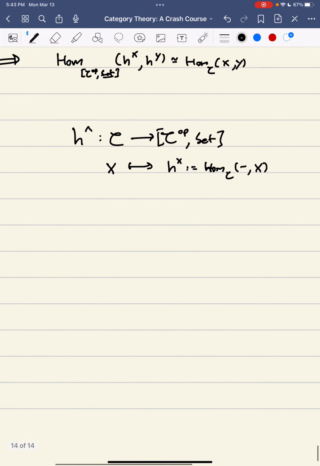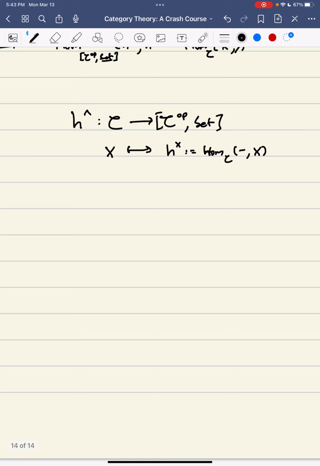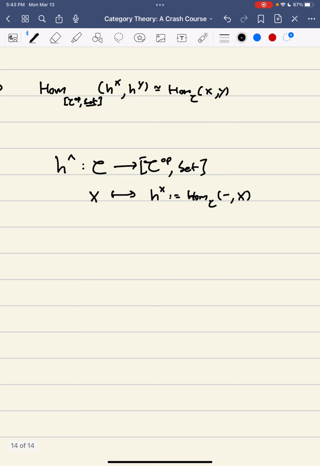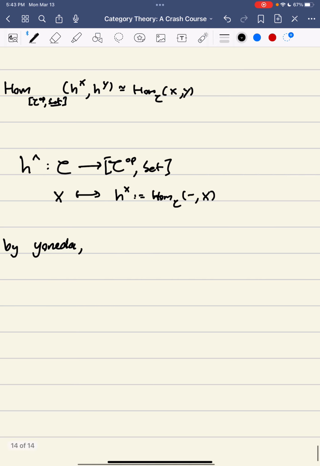So if I define this functor h hat, what the Yoneda lemma says is that by Yoneda, h hat is fully faithful.